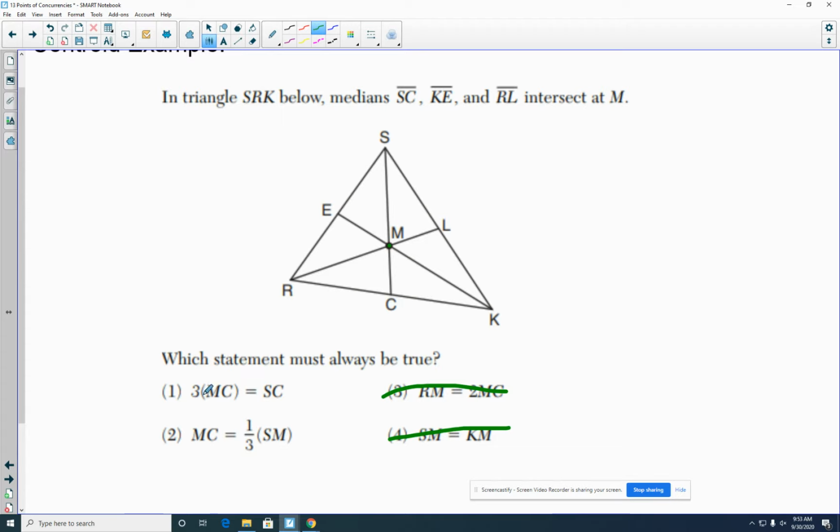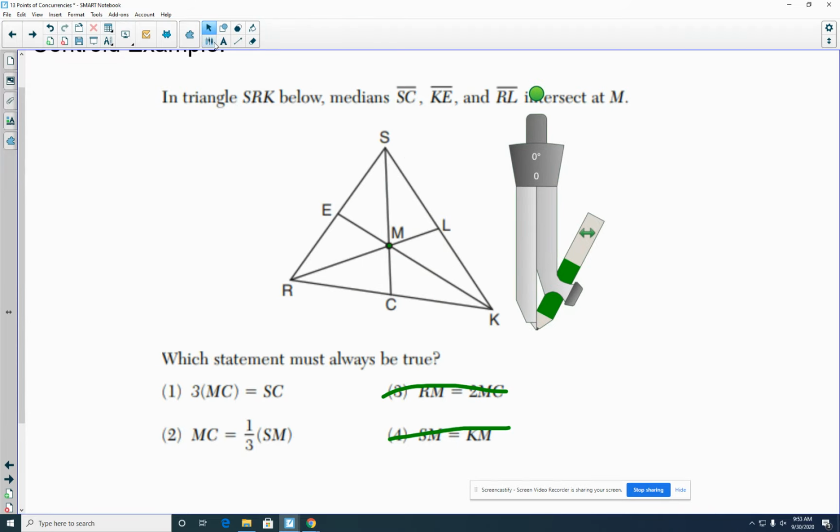But here, these are 2 statements that we kind of have to think about. Now, here's MC. So I'm actually going to use my compass to help me out just to kind of think about this. Now, it's a 2-to-1 ratio, right? So this is twice as big as this is here. So if I have the length of MC, there's 2 more of these lengths here and here that make up SM, right?